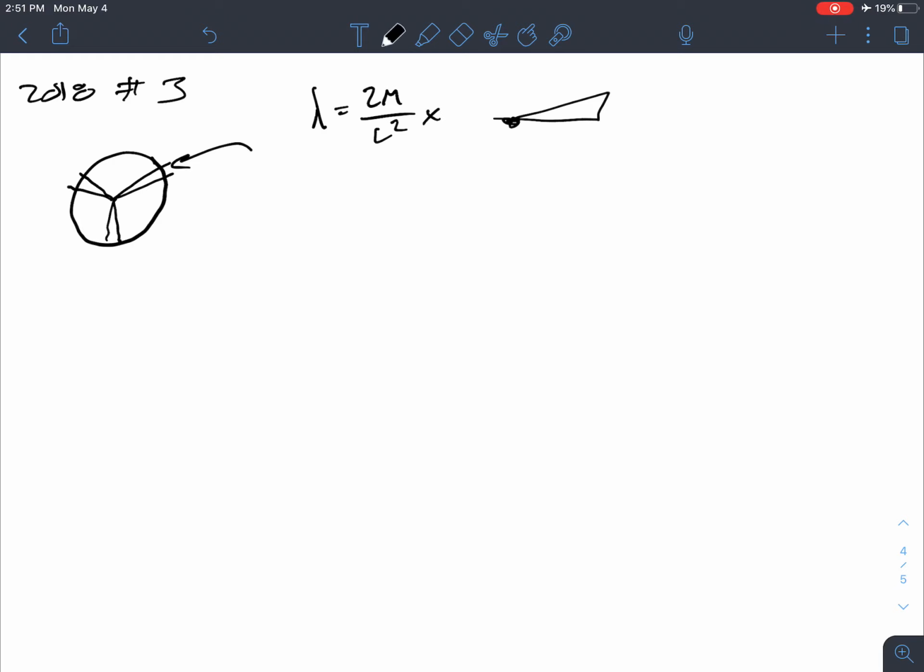Okay, so they want us to, using integral calculus, show that the rotational inertia of the rod about its left end is ML squared over 2.